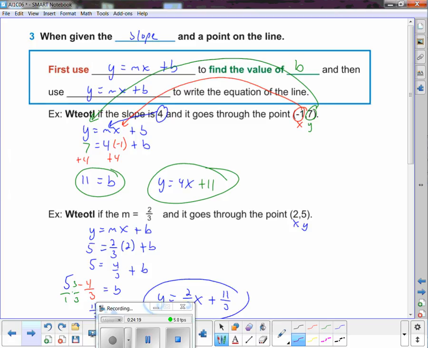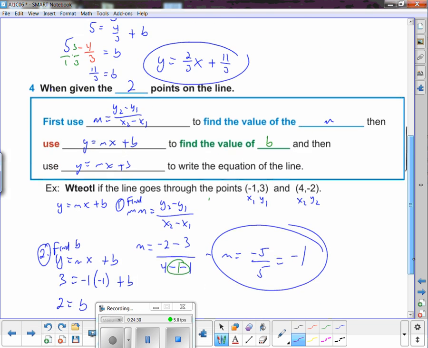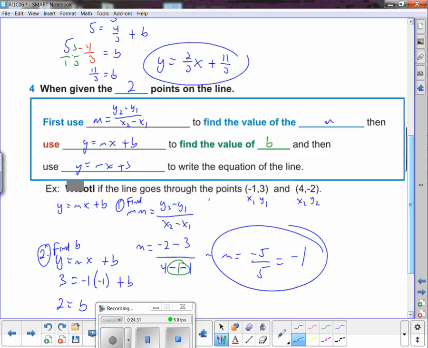Many use the point slope formula, but you can use y equals mx plus b to get b, and then sub it in for m and b. Last scenario, just 2 points. Use the slope formula to get the slope first. Use one of the points with y equals mx plus b to get the second point. Voila. All right, off you go.